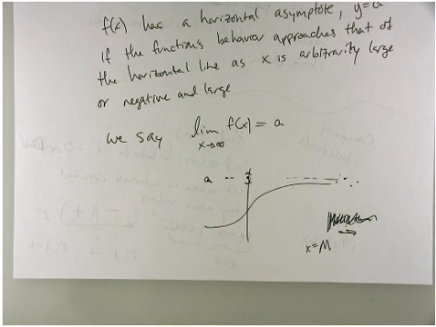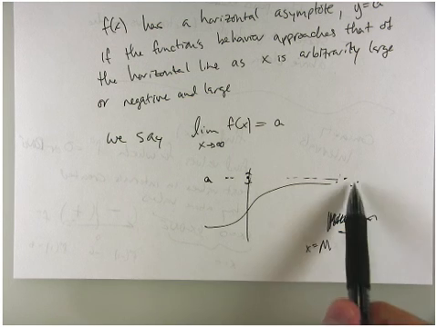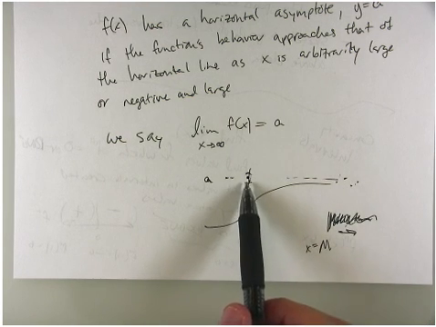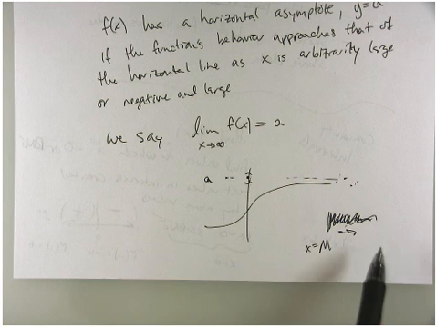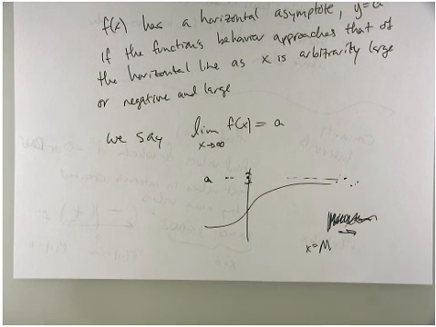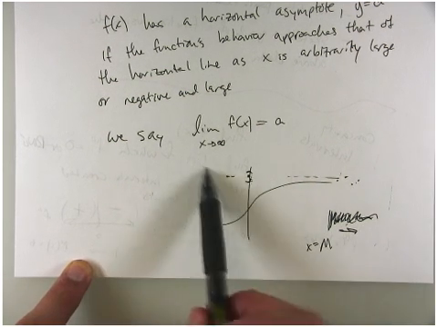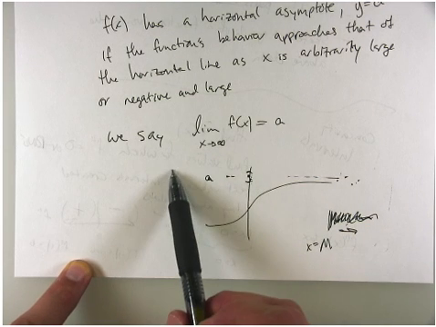You want to be within 1 googol, 1 over 1 with 100 zeros at the end of it? I can come up with an x value so that all of the x values above that correspond to y values that are that close. And it doesn't matter how close you want to be, I can come up with that value. This is the technical definition of how we would describe this limit.